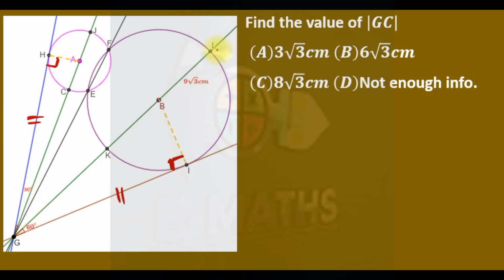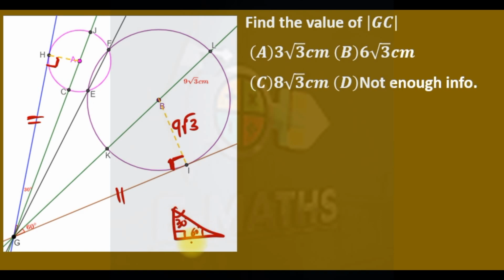So you know this is the radius of this circle. This is also 9√3. So there's a theorem called 30, 60, 90. It's a special triangle where the angle here is 30 degrees, while here is 60.